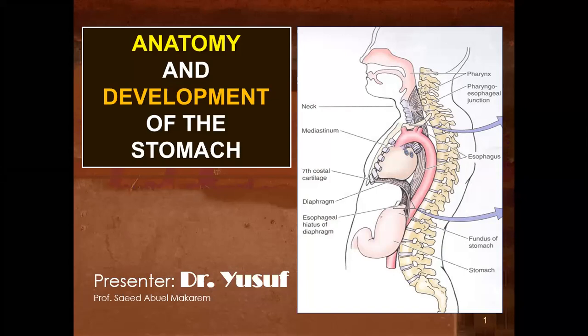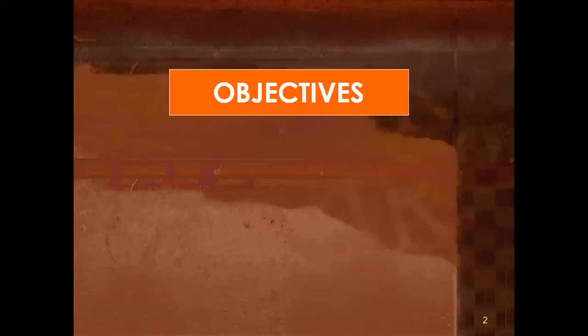Welcome you all to this one more anatomy lecture where we'll discuss the anatomy as well as some developmental features of the stomach. So today we'll discuss the stomach and its anatomy as well as some of its development part.